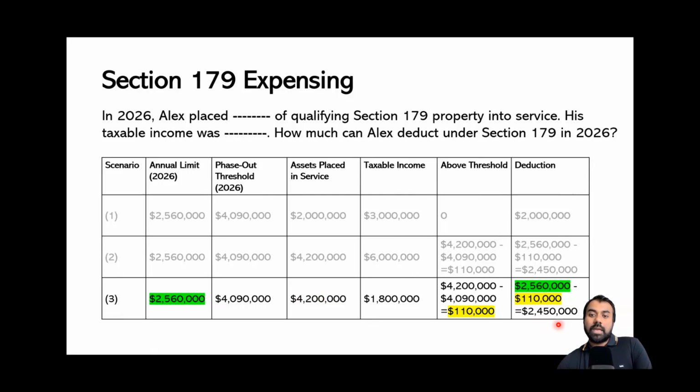They do not pay attention to the fact that the taxable income here is 1.8 million, and the deduction you take cannot be greater than your taxable income. So 2.45 million in scenario 3 will be the wrong answer. The correct answer here is going to be 1.8 million, because you cannot deduct more than your taxable income.